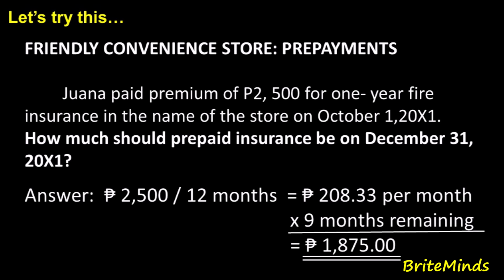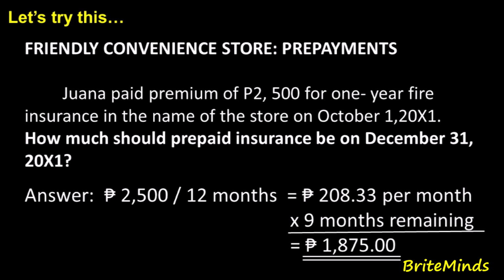And then the remaining months from January 1st, 20X2 to September 20X2 are 9 months. So we need to divide the 2,500 by 12 months. So the insurance fee is 208 pesos and 33 cents per month.